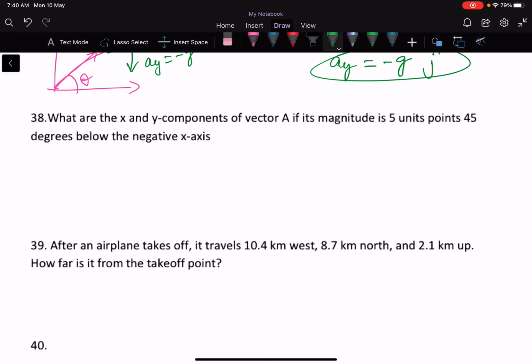Next, what are the x and y components of vector A if its magnitude is 5 units, 45 degrees below the negative x-axis? So here I am drawing a rectangular coordinate system like this.